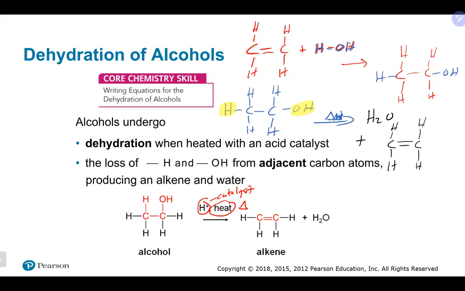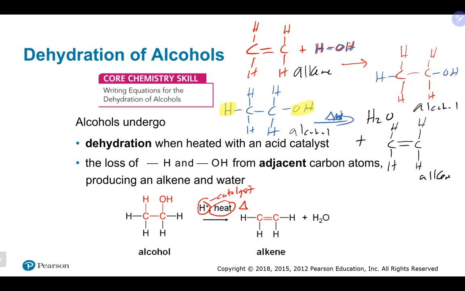It's basically the reverse reaction of making an alcohol. When you make an alcohol, you take the alkene and get the alcohol. When you heat up an alcohol and dehydrate it, you start with the alcohol and get back the alkene.